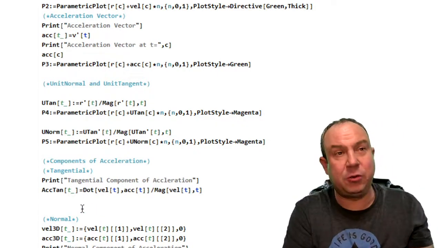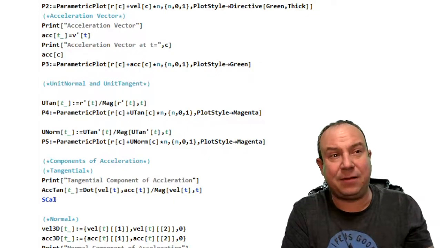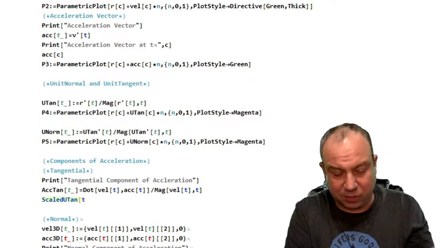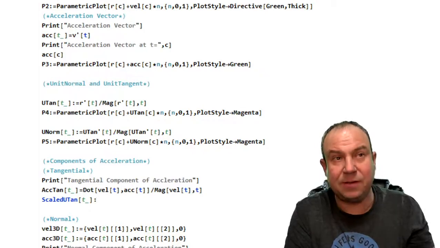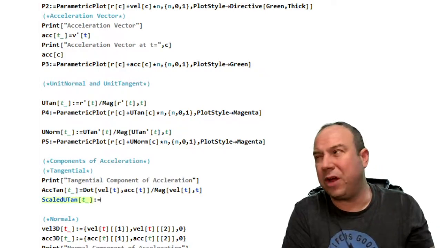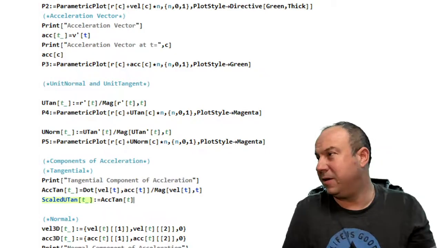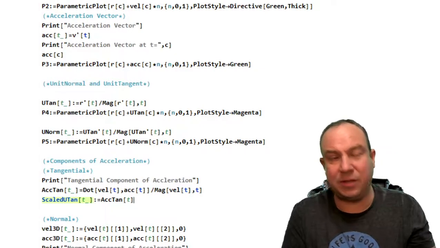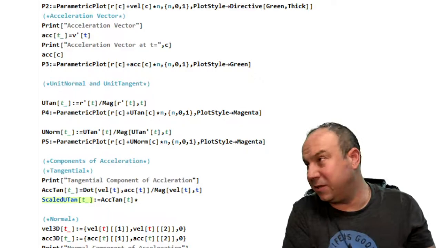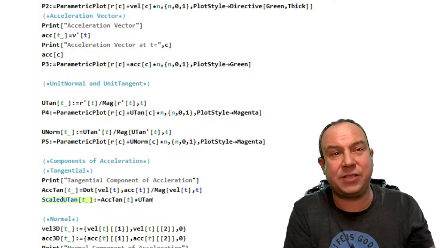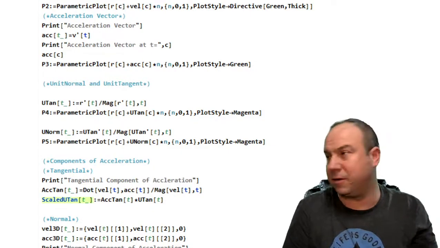But we're going to have to make a scaled value of our unit tangent. It is going to be a vector with respect to t, right? And where that's going to come from is our scalar acceleration, our tangential component of acceleration, times our unit tangent vector.